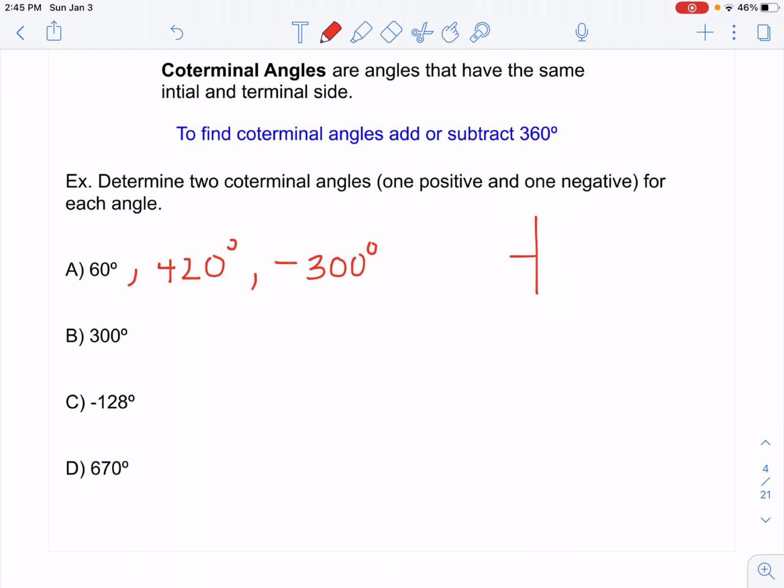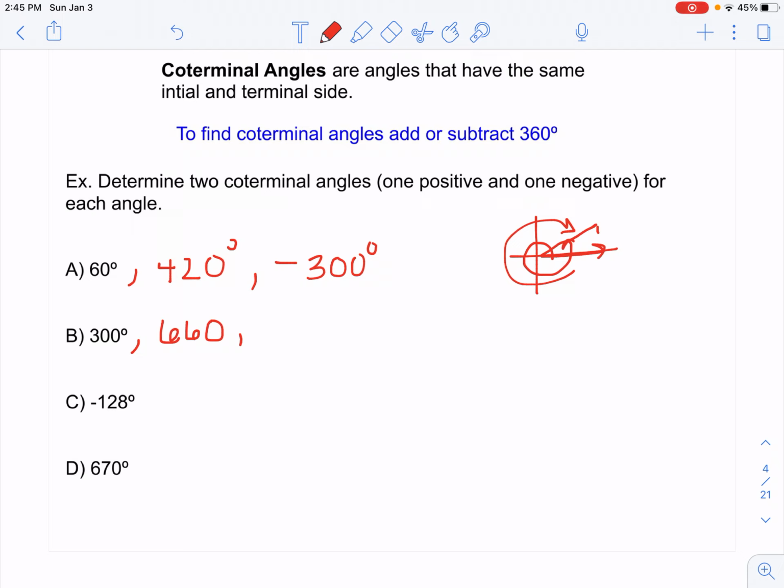So if I were to sketch a graph of both of them, their initial side and their terminal side would be the same. One of them would go around once and then end up there. The other one would go around the other way and end up there. All right, for 300, if we add 360, we get 660.